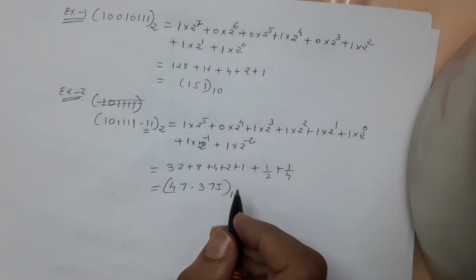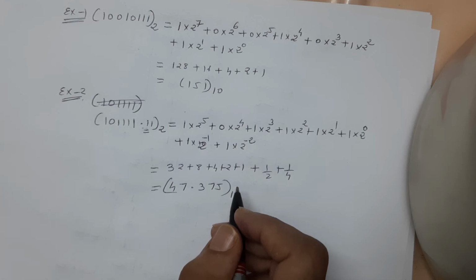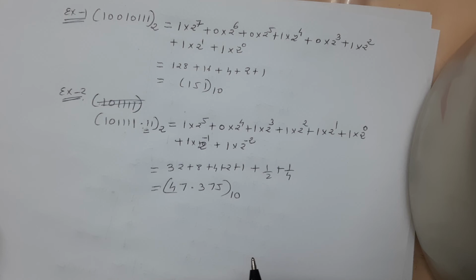So in this way, we convert binary to decimal. Now convert the decimal number to their binary equivalent.